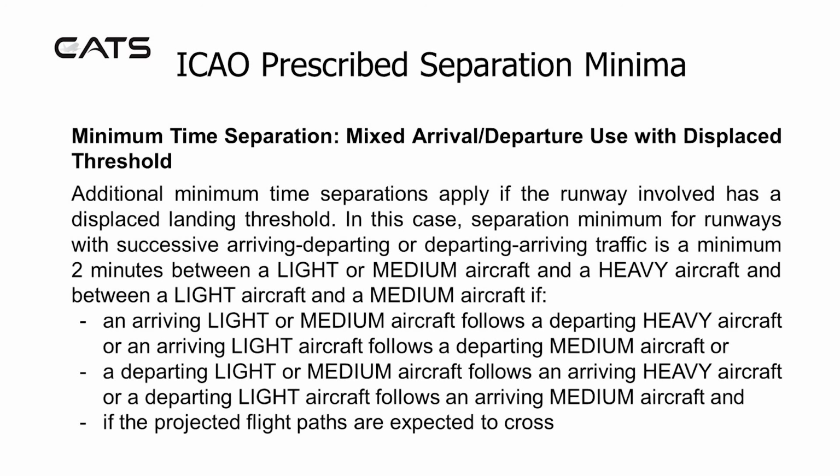In this case, the separation minimum for runways with successive arriving-departing or departing-arriving traffic is a minimum of 2 minutes between a light or medium aircraft and a heavy aircraft, and between a light aircraft and a medium aircraft, if an arriving light or medium aircraft follows a departing heavy aircraft, or an arriving light aircraft follows a departing medium aircraft, or a departing light or medium aircraft follows an arriving heavy aircraft, or a departing light aircraft follows an arriving medium aircraft, and if the projected flight paths are expected to cross.